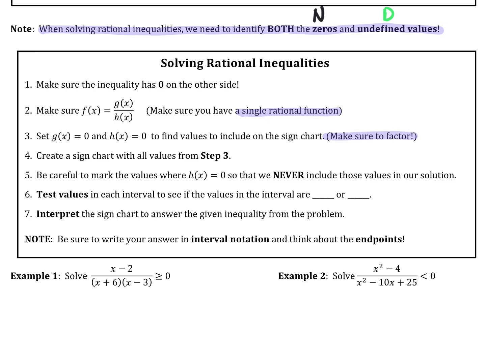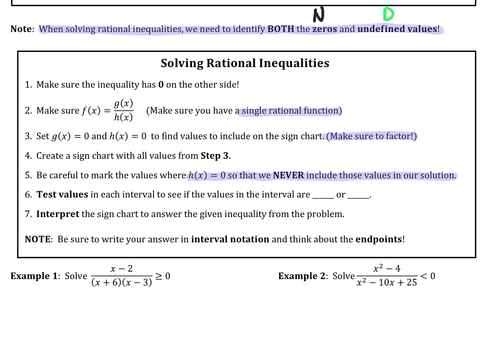If needed, factor both the denominator and numerator to make it simpler to solve. Number four, create a sign chart with all values from step 3. Number five, be careful to mark the values for h of x so that we never include those values in our solution.